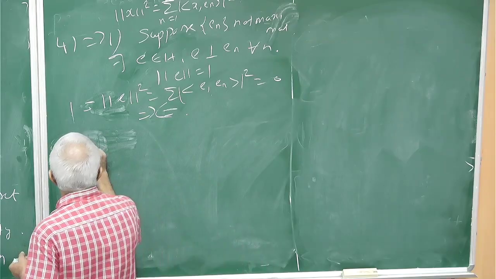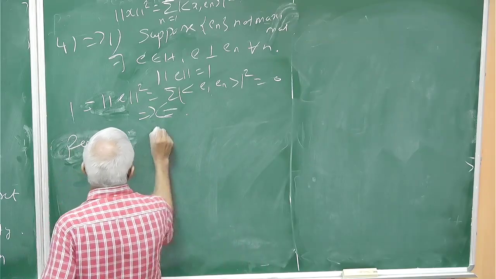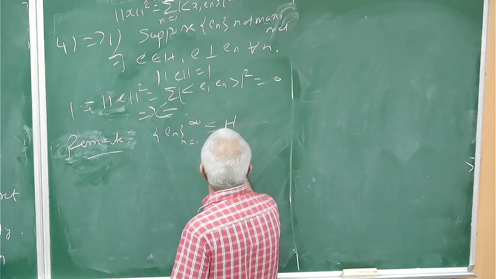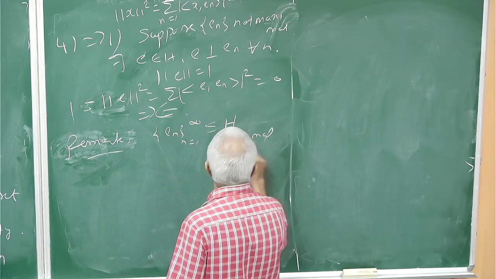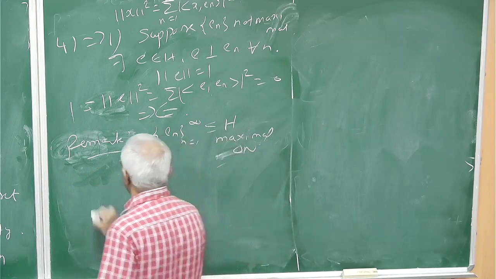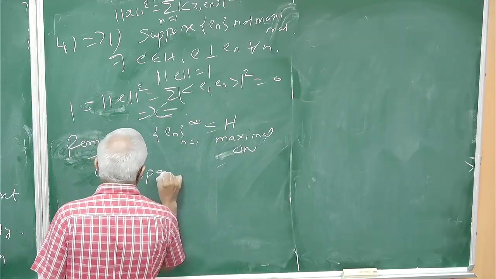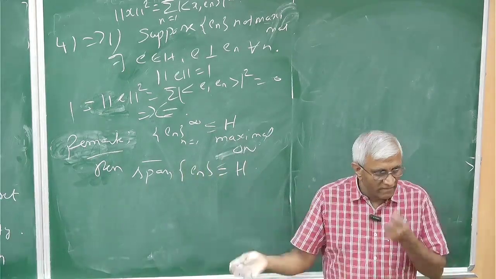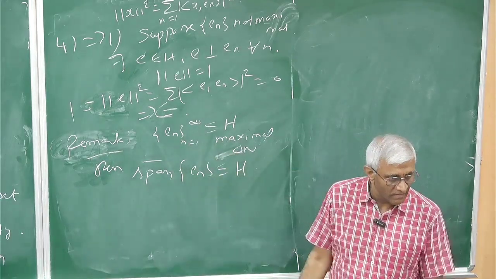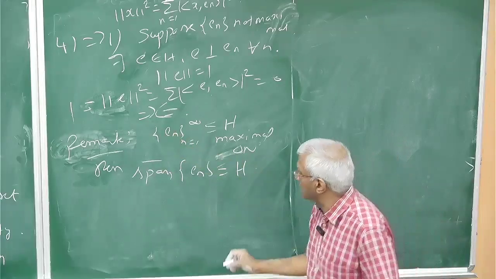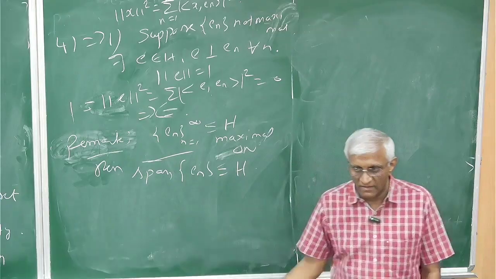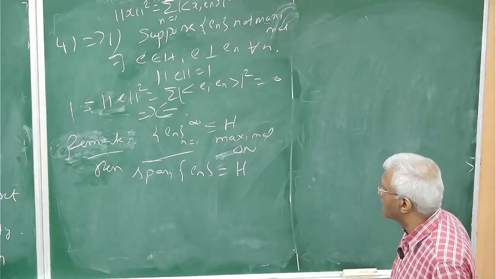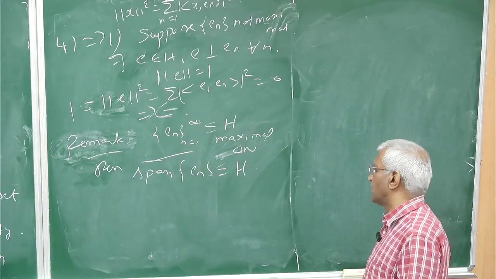Further remark: if En is maximal orthonormal, then the span of En equals H. That's what we wanted, which is clear, right? It is just that the span closure of En is H, because you take finite linear combinations and you can write it like that. This is clear.